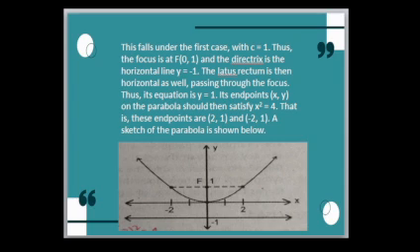Why is c equal to 1? As we know, in the formula we have x² = 4cy. In the given equation, we have x² = 4y. So we need to find the value of c so that we can have the focus.